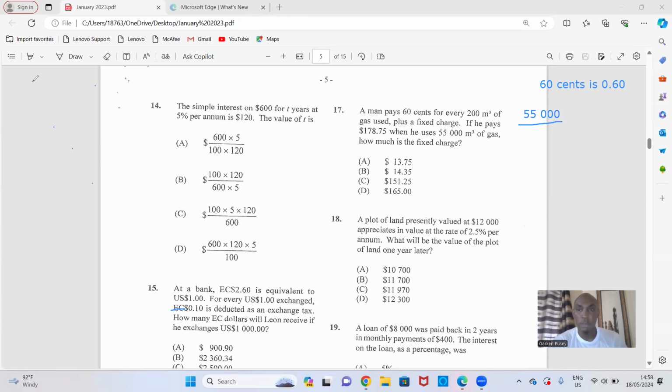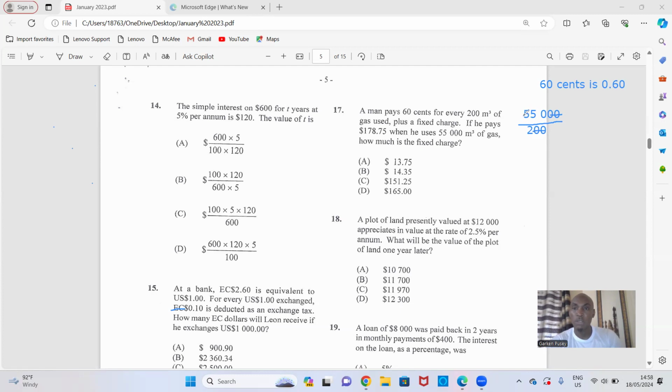Let's cancel zeros. We can cancel these two zeros and these two zeros, so we're left with 2 into 550.